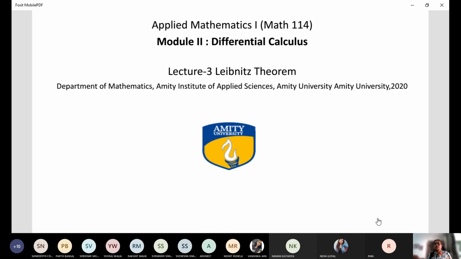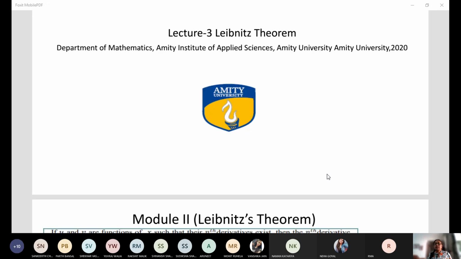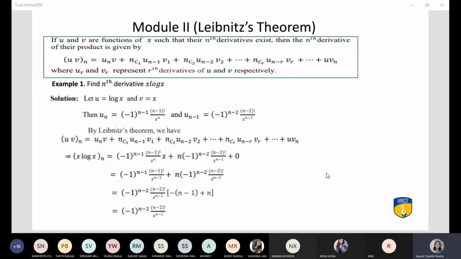Okay, so before I take it up, I want you to read the theorem first. Just check the theorem. The proof is not in your syllabus, just the theorem. The theorem is understood or not?